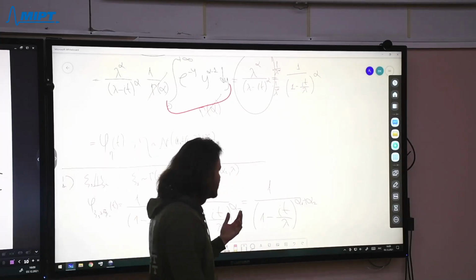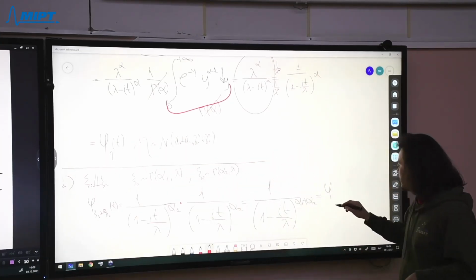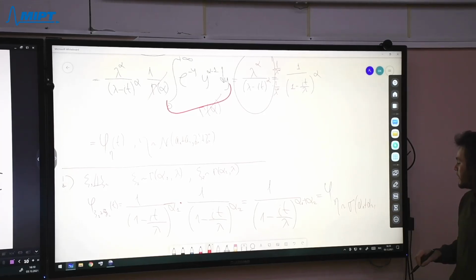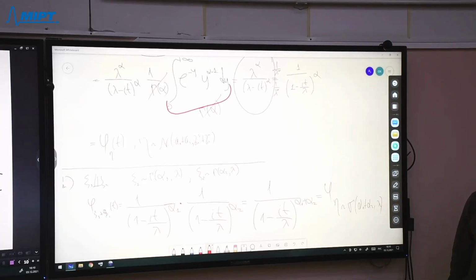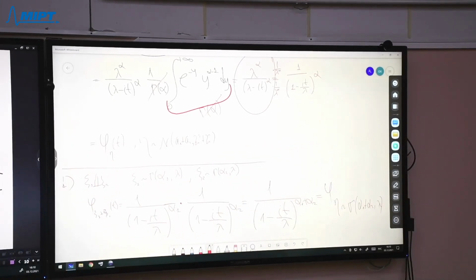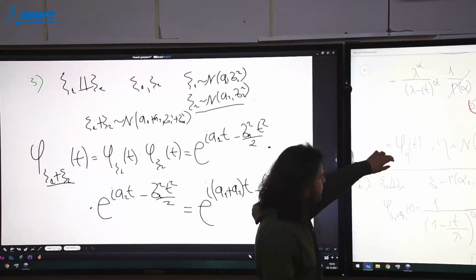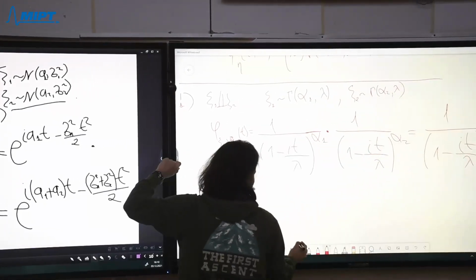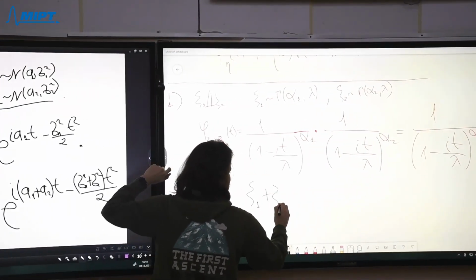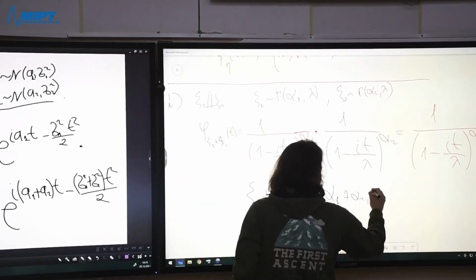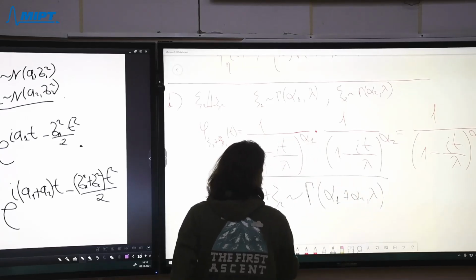And this is the characteristic function of some eta, where eta has gamma distribution with parameters alpha 1 plus alpha 2 and lambda. So we proved that if we have this, then the sum psi1 plus psi2 has gamma distribution with parameters alpha 1 plus alpha 2, lambda. All right.